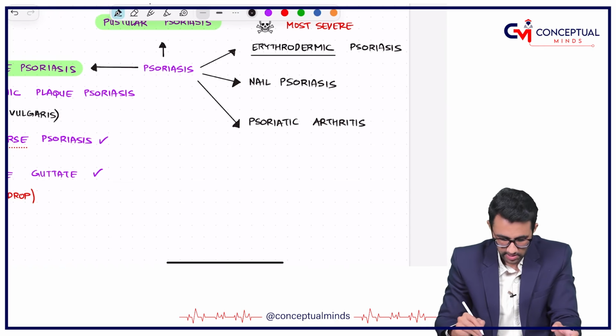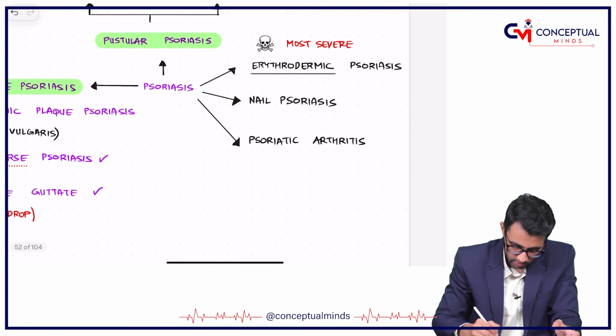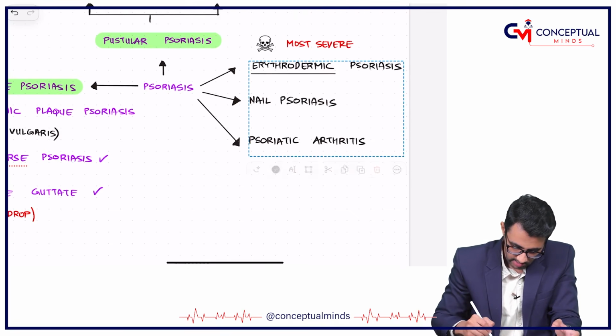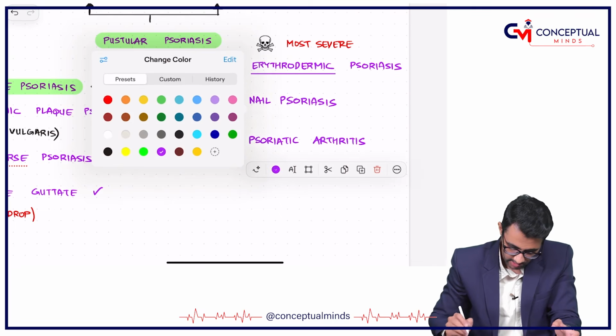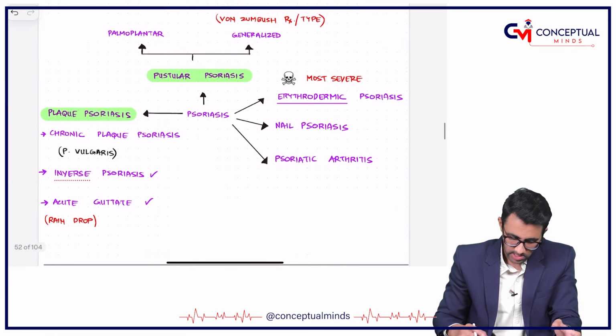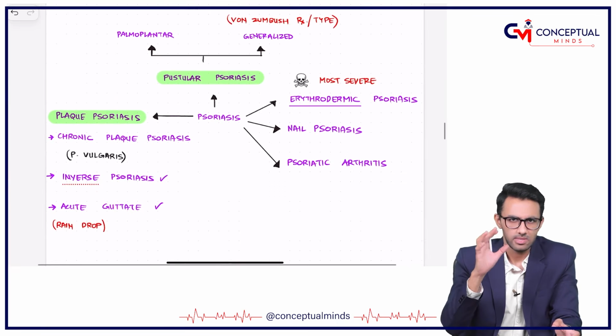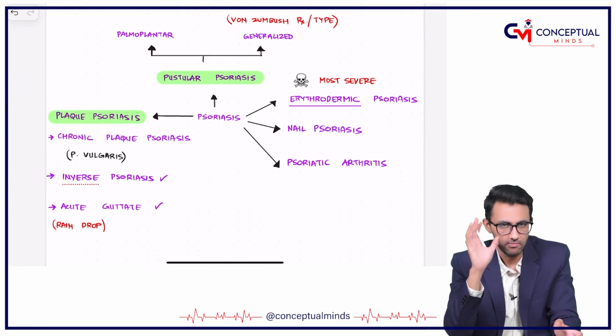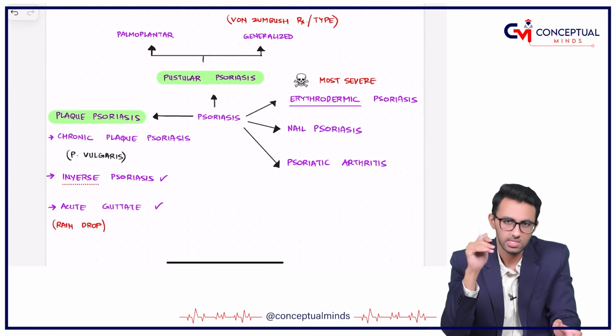Even in psoriatic arthritis, we have to be very keen about these things. Now it looks better. So this was the chart I was mentioning at the start of the lecture, that we will make a chart. This is the chart I was talking to you about.